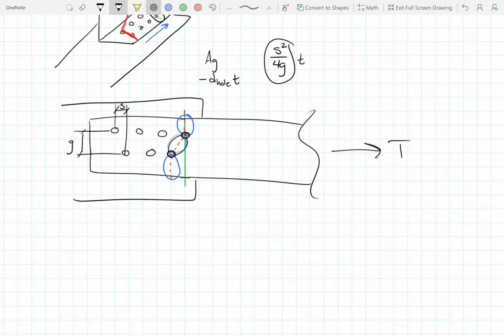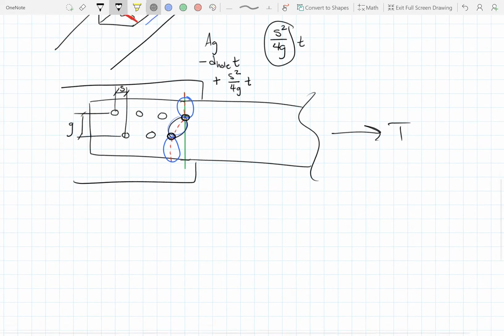And then you would have to add, because we're saying the diagonal area gives you a little bit of a bonus, S squared over 4G times the thickness. So that's how you account for that. If this was an L shape, you'd have to unfold it, and we can talk about that some other time if you guys have questions on that.